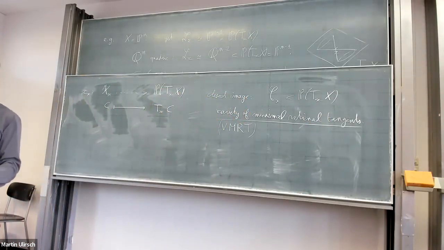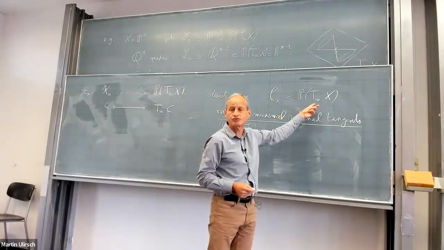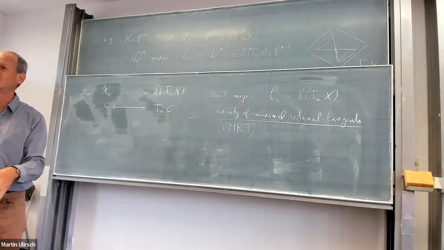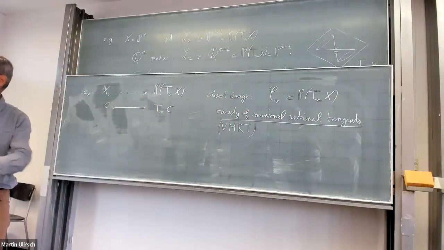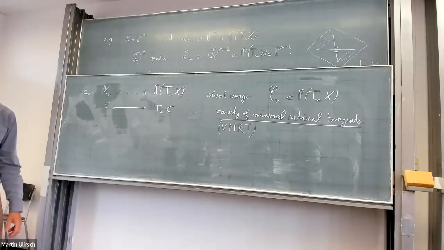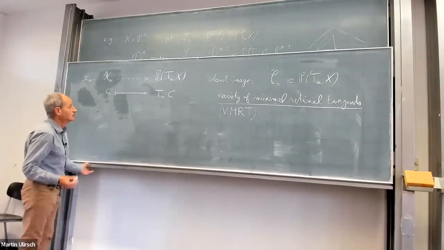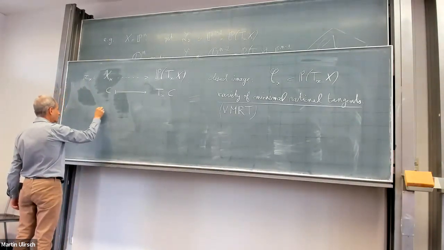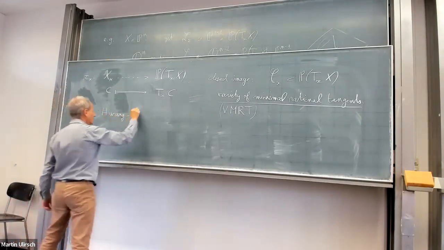Because in the examples, you start with a projective space, and you find a projective space of dimension one less. You start with a quadric, and you find a smaller quadric of dimension two less. Or, for many others, you find some kind of homogeneous variety of smaller dimension. And that's why this construction is useful. It was introduced by Hwang and Mok.